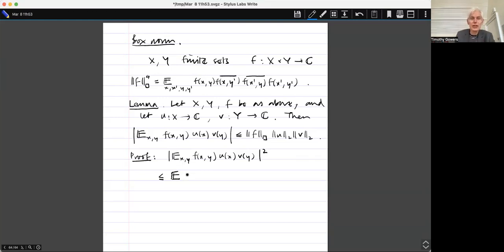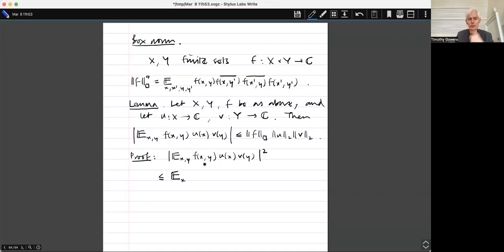So that's less than or equal to the average over x, just by Cauchy-Schwarz, of ux times the average over y of fxy vy.